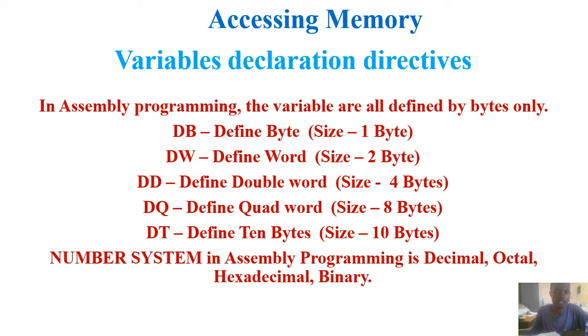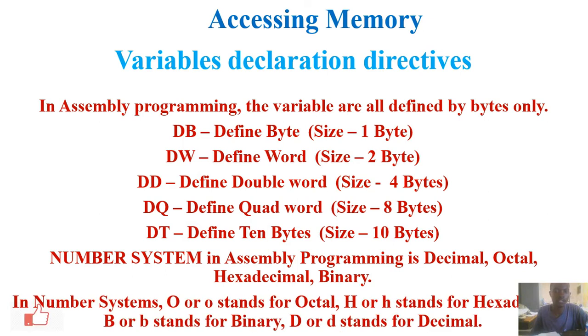So here are the number systems that are accepted or that are used in assembly programming. We have decimal, octal, hexadecimal, and binary. So these number systems are represented by a certain value, a certain character. O stands for octal. It's either a capital letter O or a small letter O.